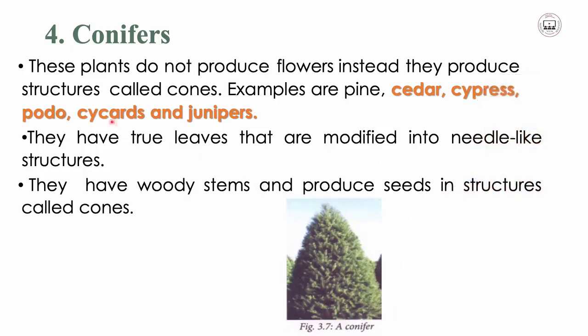These plants do not produce flowers. Instead, they produce structures called cones, and examples are pine, cedar, cypress, podocarpus, and cycads. They have true leaves that are modified into needle-like structures, and they have woody stems and produce seeds in structures called cones.